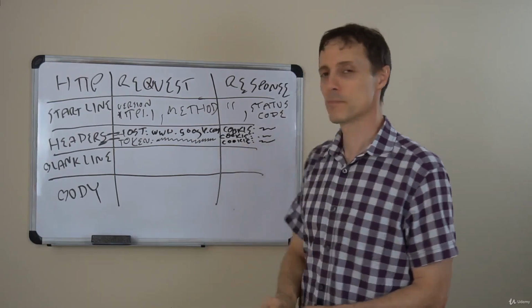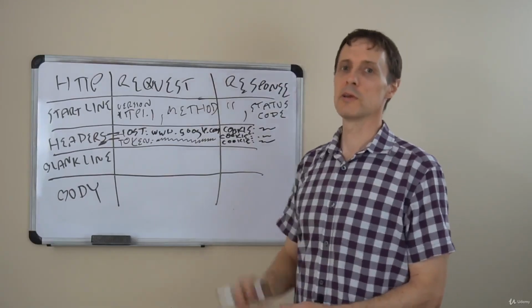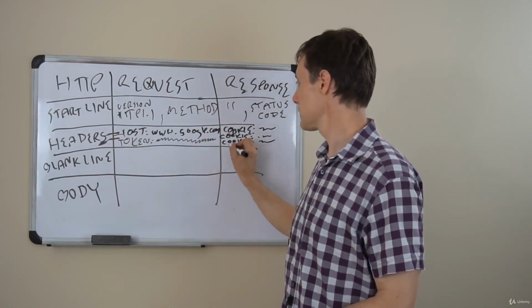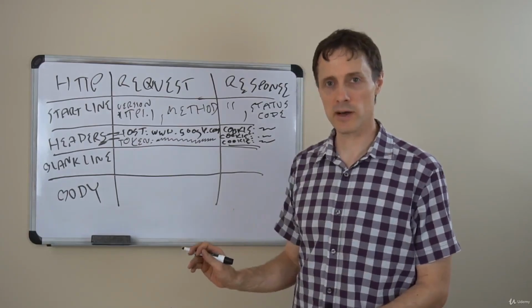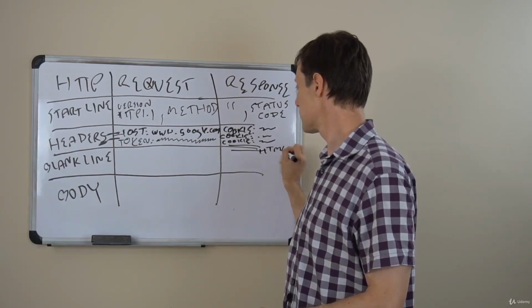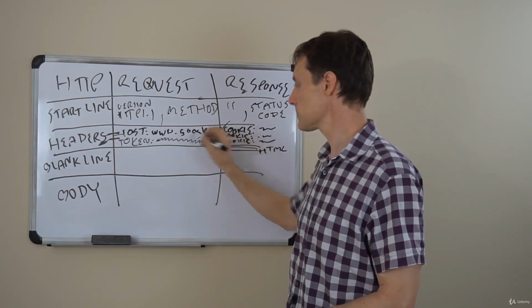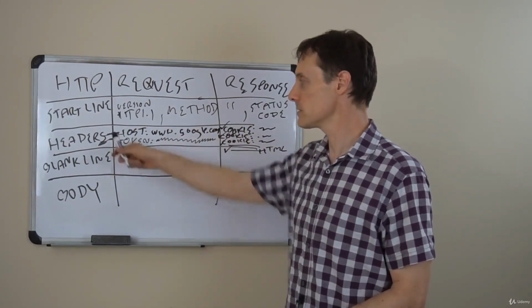They could also specify how big the file is that they're sending. They could also specify what they're sending back, that is HTML. They're going to give you back all these header lines. So headers is a bunch of lines.